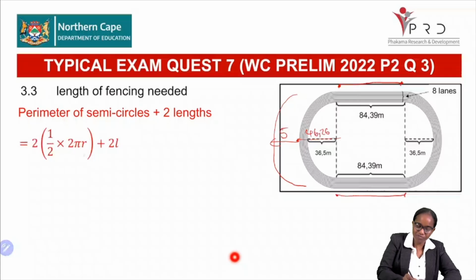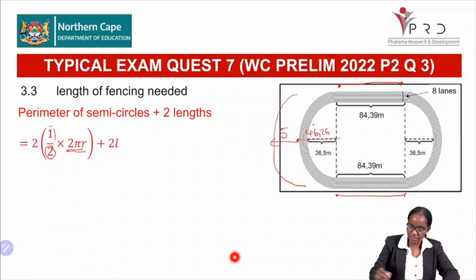Remember, the perimeter of a circle is 2 pi r. But we have a semicircle, so this will be half of the circle. But there are 2 of them, the left-hand side and right-hand side semicircle. So it will be 2 semicircles times half the perimeter of the circle, plus these 2 lengths for the straight line.